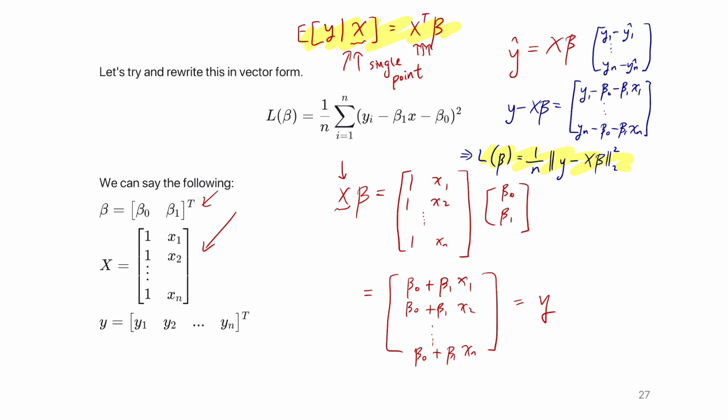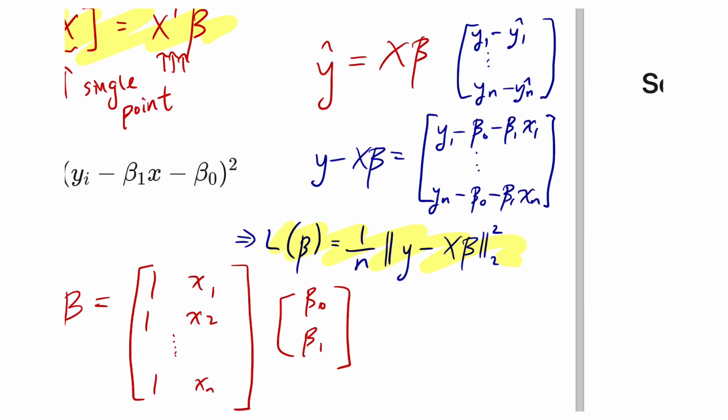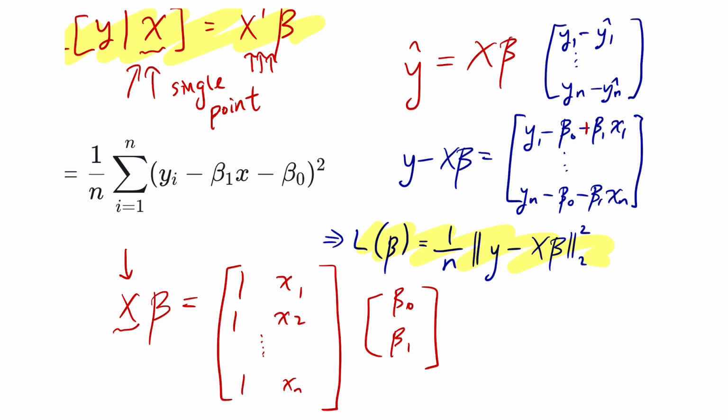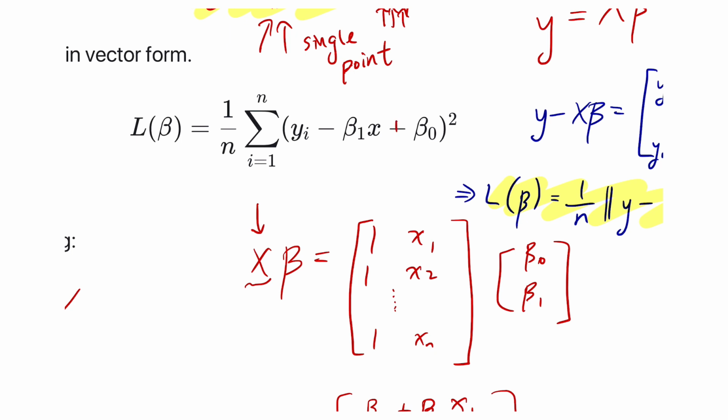Yeah? Why isn't it yi minus beta 1 x plus beta 0? Because the top part, isn't that the dot product, beta 0 x1 plus beta 1? So is the question, why is this not plus? It's because you have to distribute the negative, right?